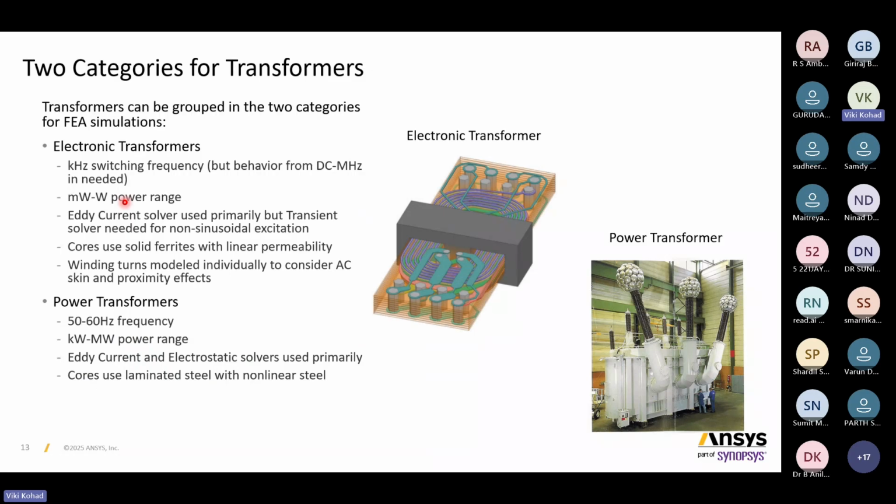So now the basic discussion about transformers. For FEA simulations, which is the finite element analysis method, transformers are divided mainly into two categories: electronic transformers and power transformers. Electronic transformers are in the lower power range, from milliwatts to some watts.